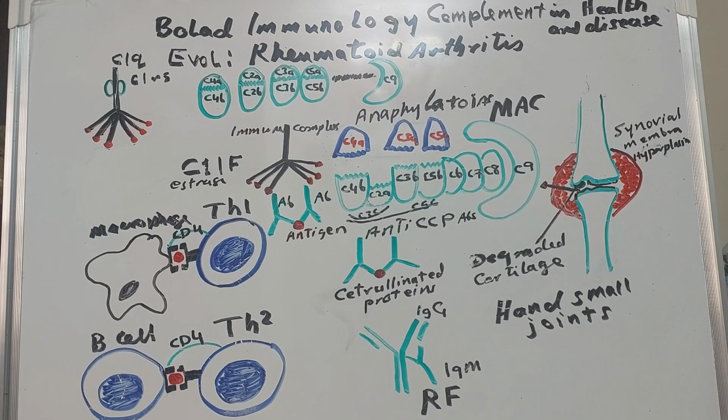So they bind C9, and C9 looks like a lock. And this molecule is known as the membrane attack complex. The membrane attack complex has the capacity to remove phospholipids from the surface of the membrane of the cell.